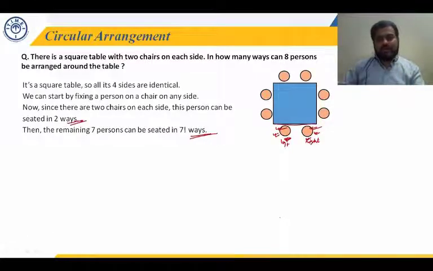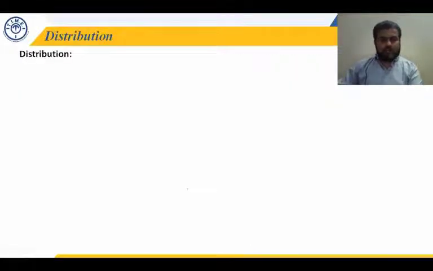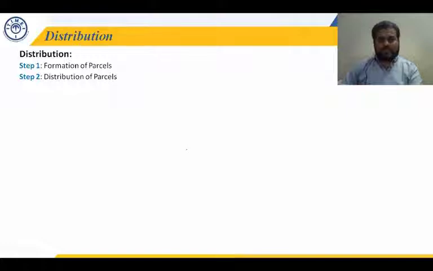Now let us look at distribution. While doing questions on distribution, these are the 2 steps which will be followed. Step number 1 is formation of parcels, followed by distribution of parcels. So first thing we'll clear in our mind is that distribution is not permutation, distribution is not combination, distribution is something else.